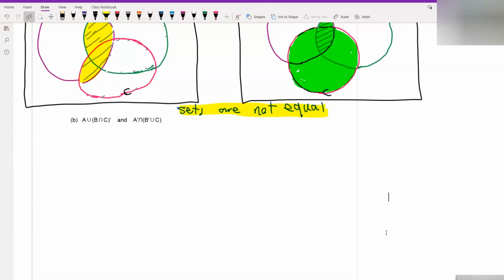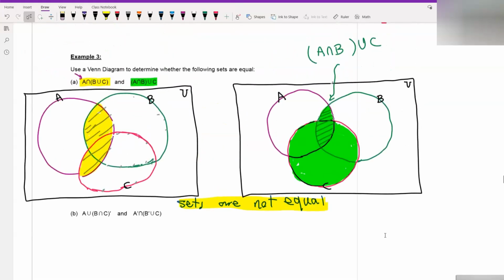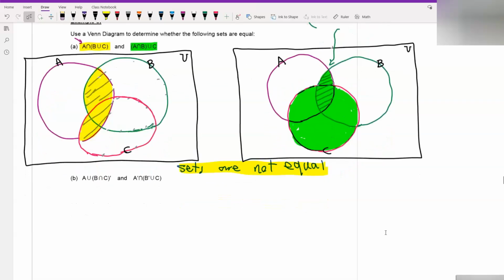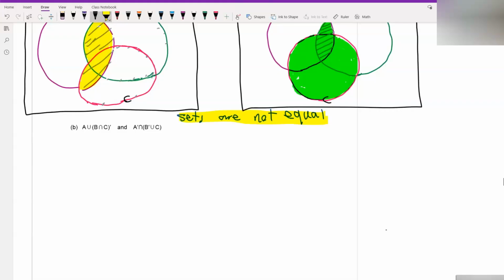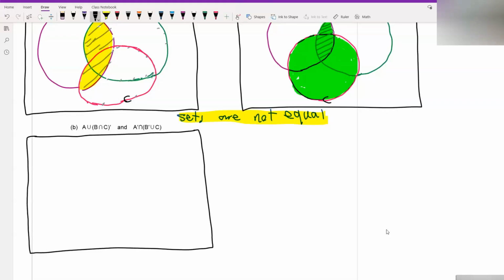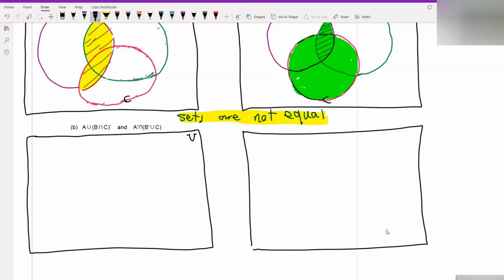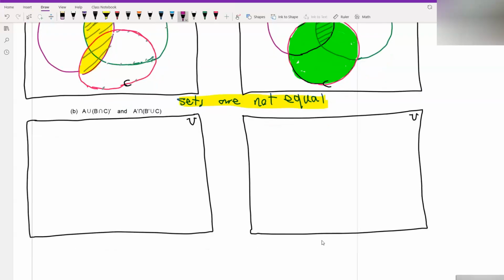And on the other side, we have complement of B union C, and then find intersection with what we have in complement of A. Since we have complements, that's why we have more steps. Here again, we have three sets, A, B, and C.